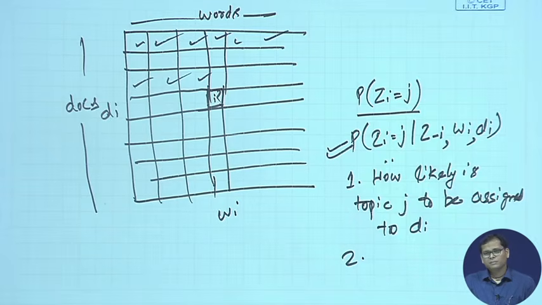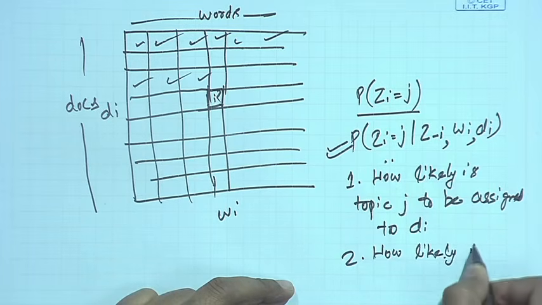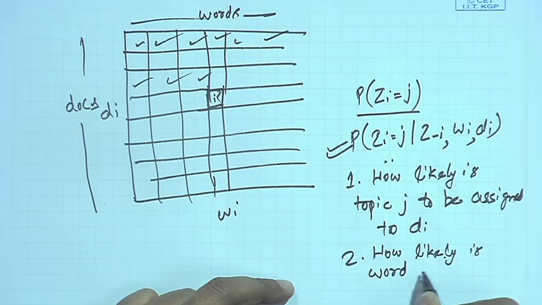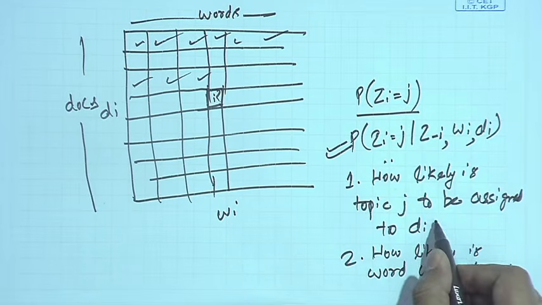What is the next thing? How likely is it that this word occurs in topic j? Is word w_i for topic j? So these are two things I need to know.